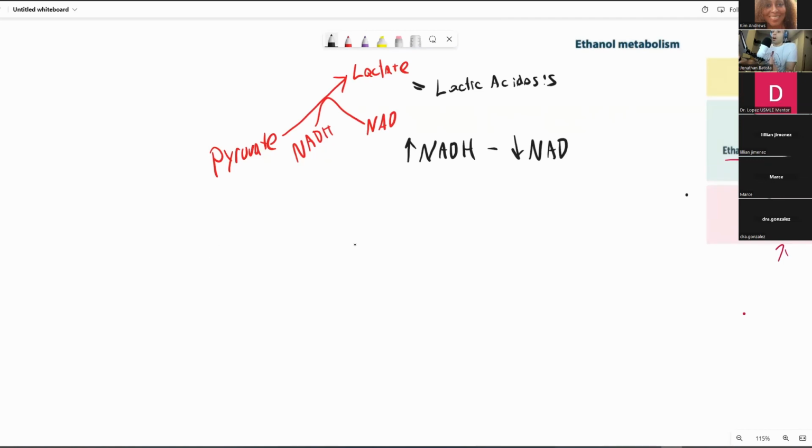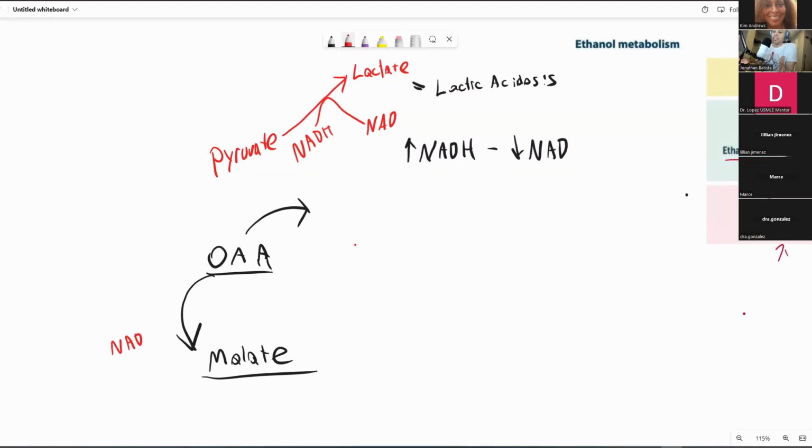You'll see that oxaloacetate, instead of moving forward in the TCA cycle into citrate, guess what it does? It actually ends up going back to malate. This is very interesting because oxaloacetate only does this because this reaction tries to help you. This reaction will take an NADH and turn it into NAD.